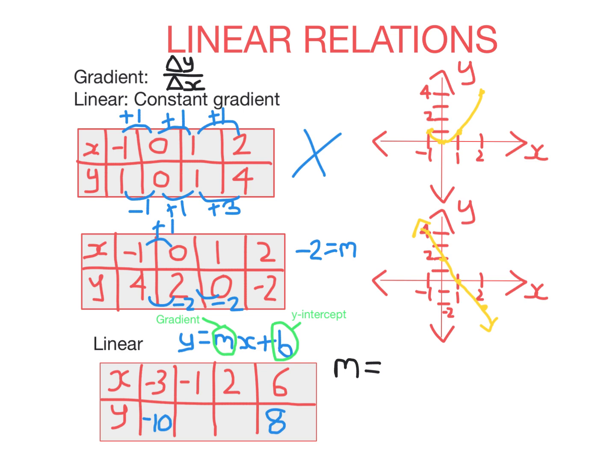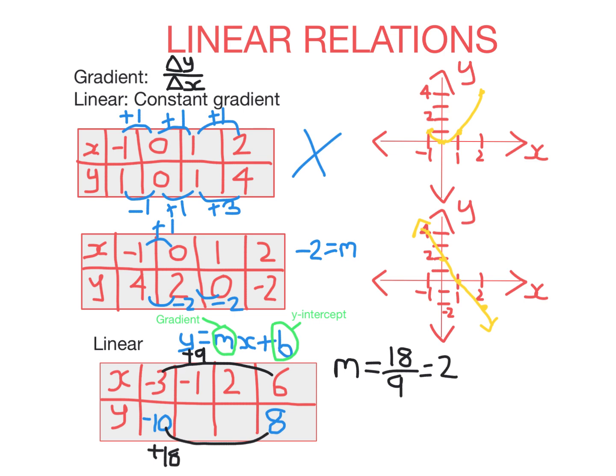The change in x to go from -3 to 6, I'm adding 9. The change in y to go from -10 to 8, I'm adding 18. So the gradient is change in y over change in x, which is 2.